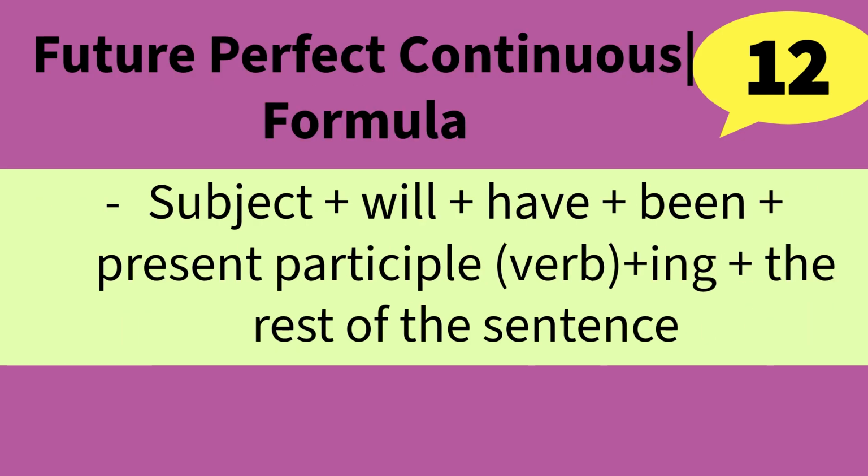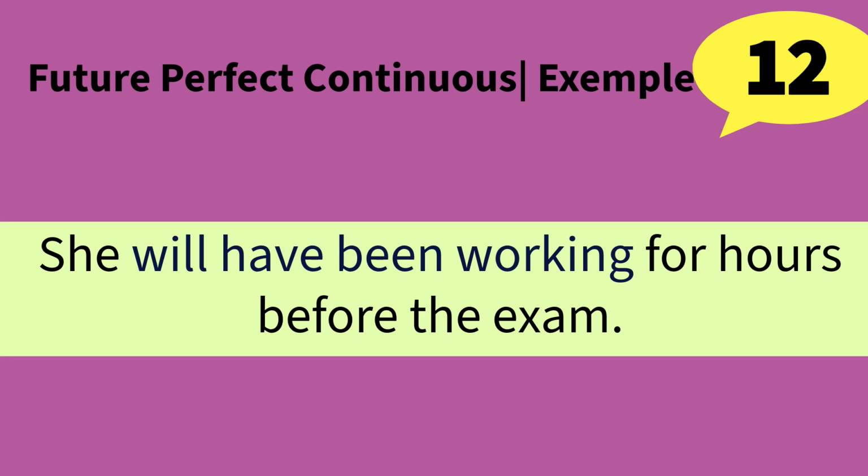To form this tense, we use this formula: subject plus will plus have plus been plus present participle, verb plus ing, plus the rest of the sentence. Let's take a look at this example. She will have been working for hours before the exam.